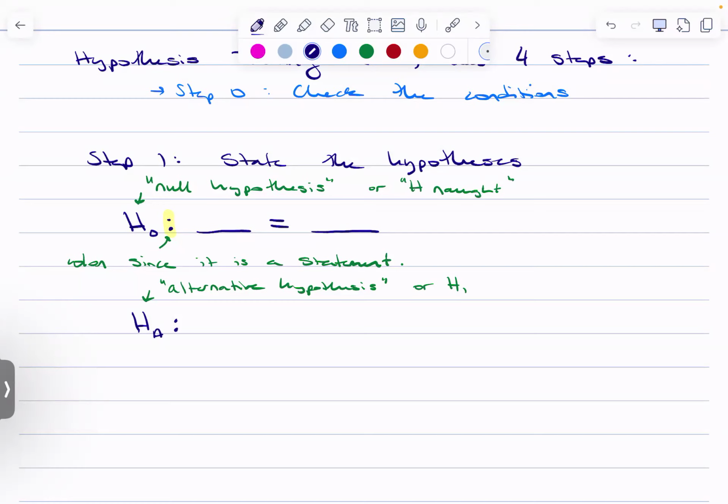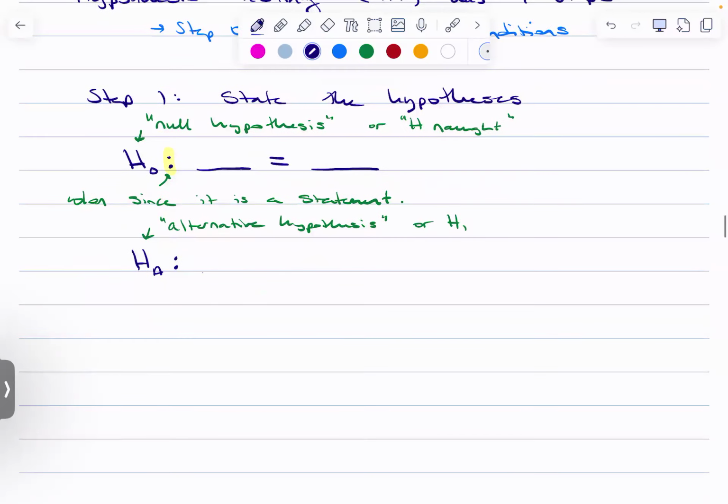Again, a colon because it's a statement. This is usually the thing that I suspect is going on. Right? And so here, these values have to be the same.